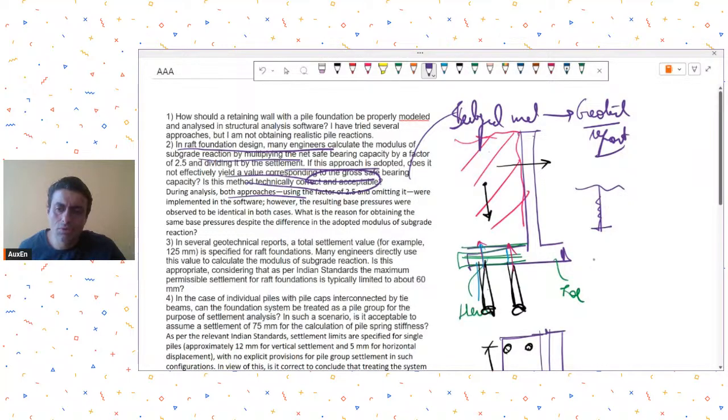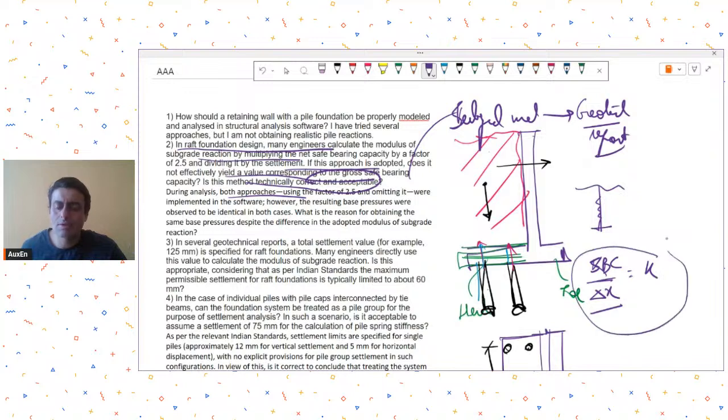So just dividing SBC by x to get the k value or subgrade modulus value is not a very appropriate way of doing it, because here we are assuming that the soil is behaving as a linear spring, and therefore we divide the bearing capacity by the settlement and get the k. So I would say this is not a very appropriate way of doing it, because here we have assumed that soil is behaving like a linear spring.